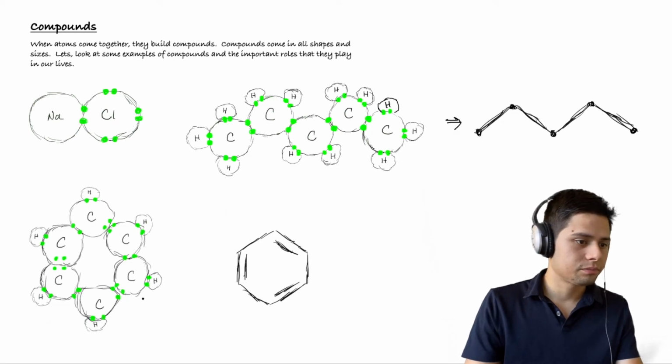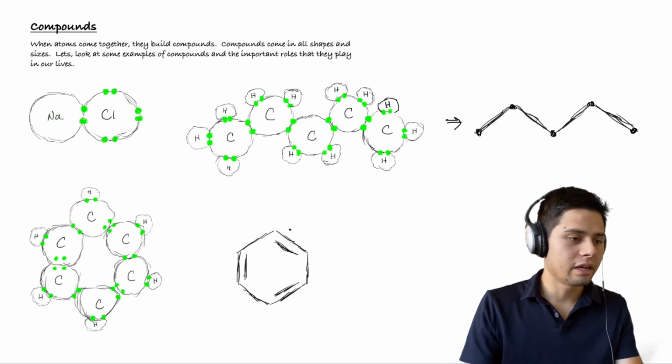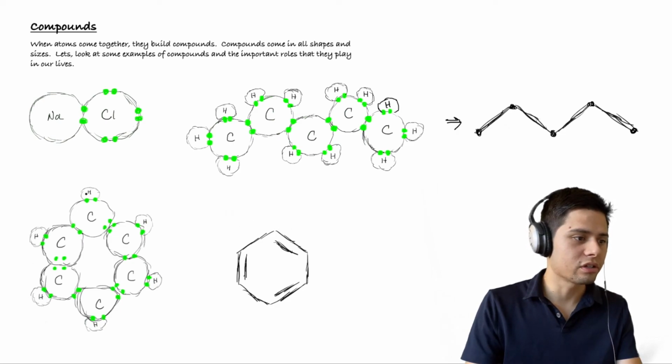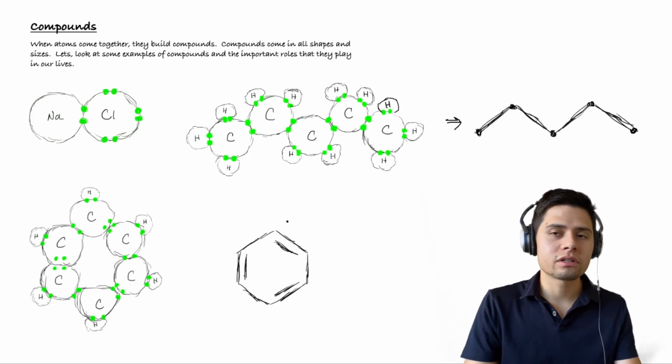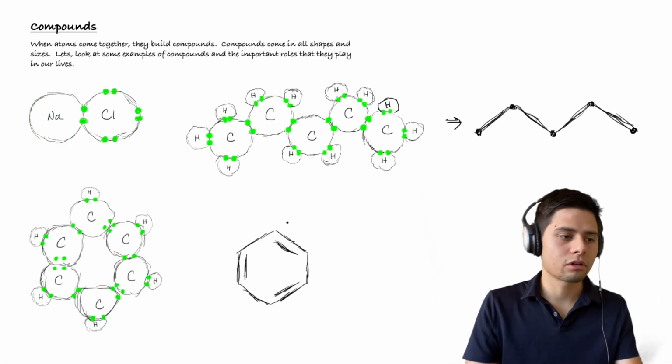And then again, we have the vertices here. Vertices are the carbons, so we have 6 carbons in a chain, and then we fill in the rest with hydrogen. And how many hydrogens is the rest? We'll go into that.